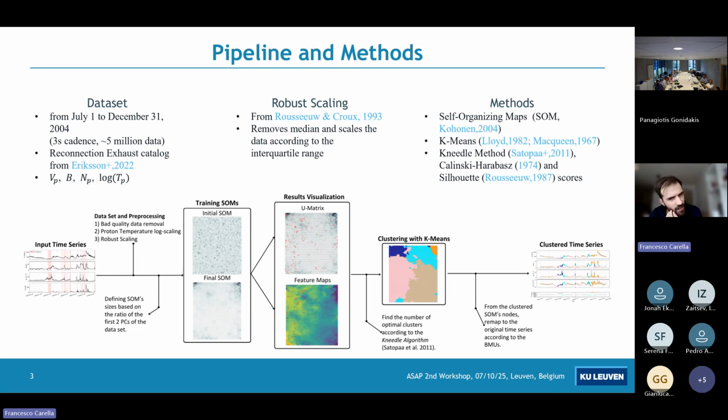We visualize the results, cluster the map we obtain, and then look at the cluster time series. Clustering is done with simple k-means, and the number of clusters is found with the elbow method combined with Calinski-Harabasz and silhouette scores. These I will not talk about. If you are interested, just send me an email, or we'll talk about it in the question section.